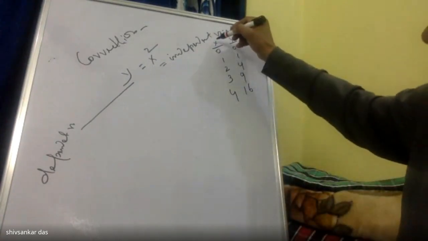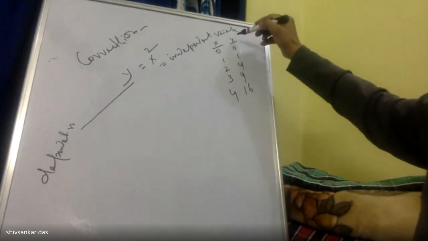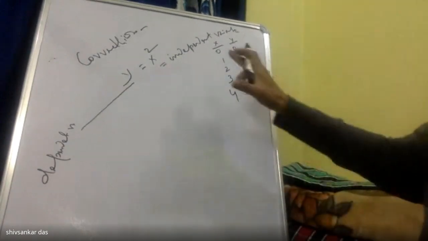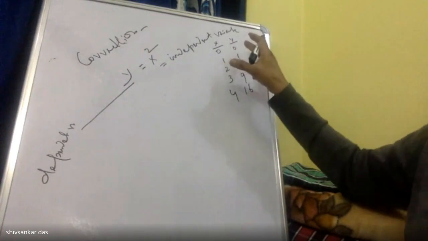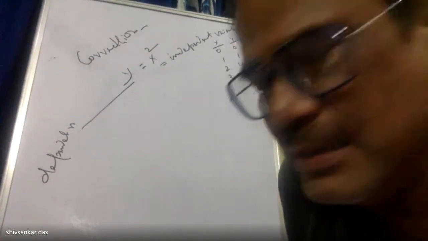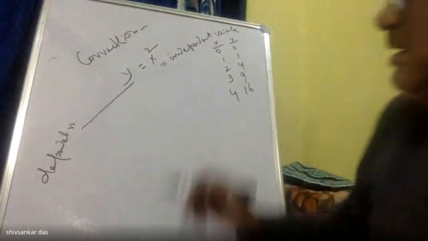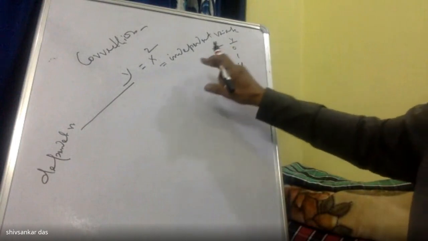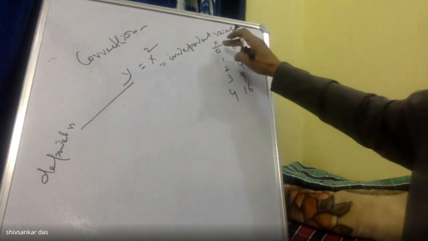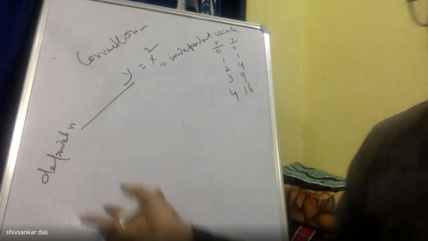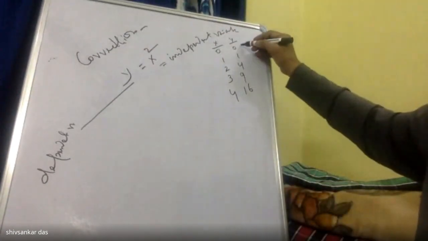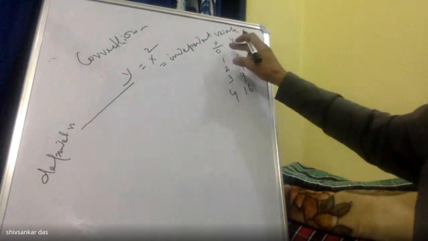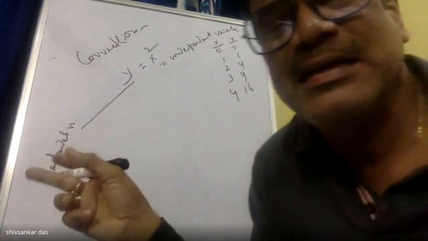So x is a variable, y is a variable, and a relation exists between x and y, because when x is multiplied by itself, it gives the value of y.